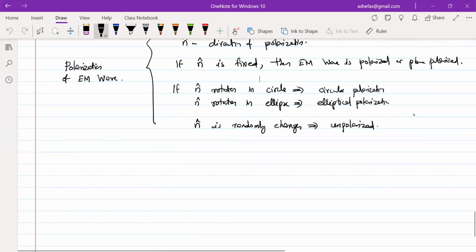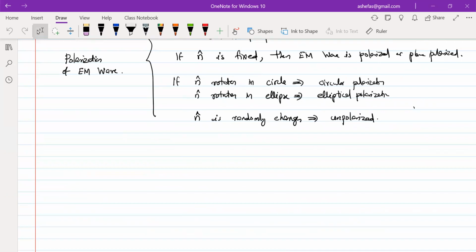So that's all about the first level of the characteristics of the electromagnetic wave. Now finally we can make a pictorial representation of this electromagnetic wave.